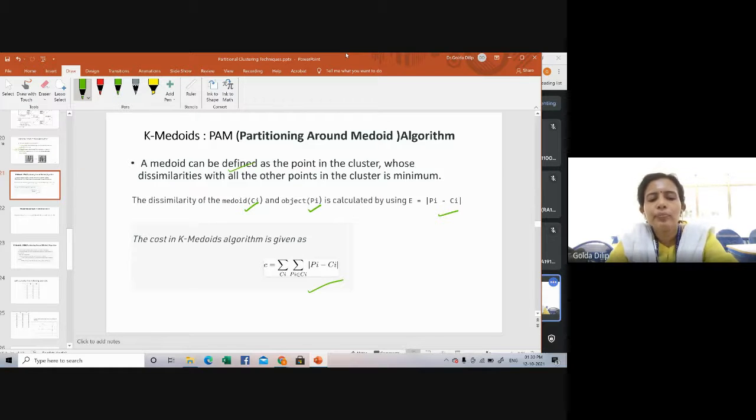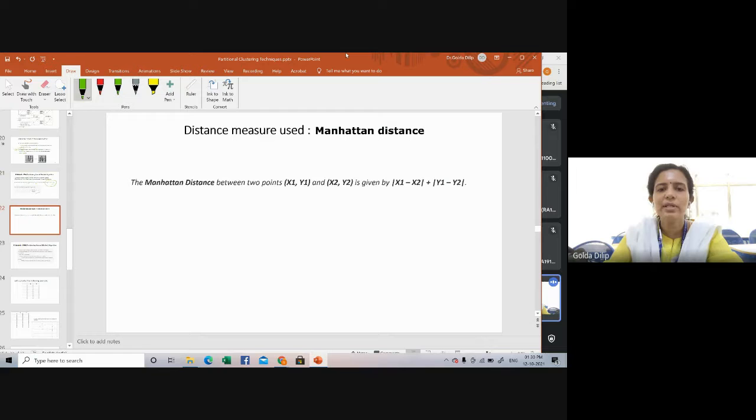You can see here this particular term, the distance measure, is called the Manhattan distance. Just like we have the Euclidean distance for k-means clustering, in the k-medoids algorithm we use what is called the Manhattan distance, which is also called the city block distance.